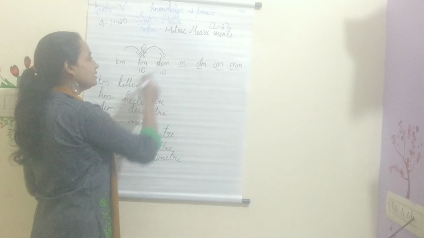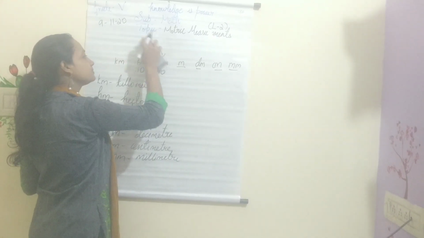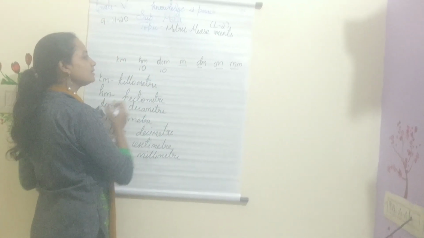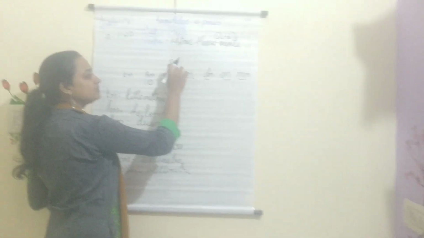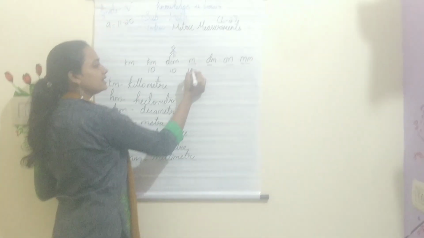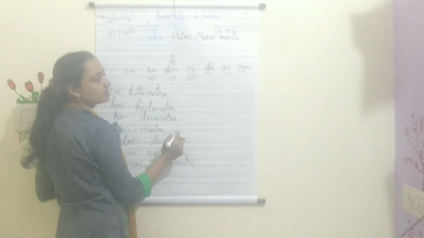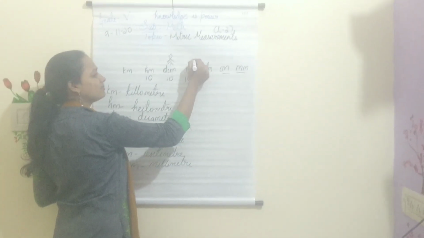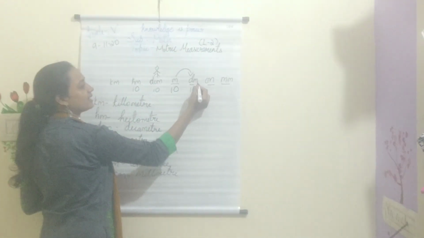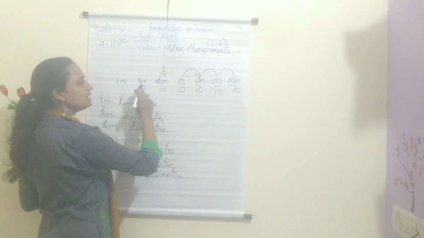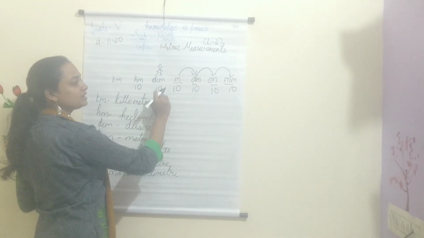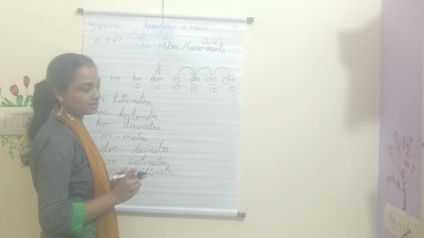When I jump from DCM to M, again there are 10 steps. Here 10 steps, here 10, here 10. So in between each and every unit, you have a 10 numbers difference.